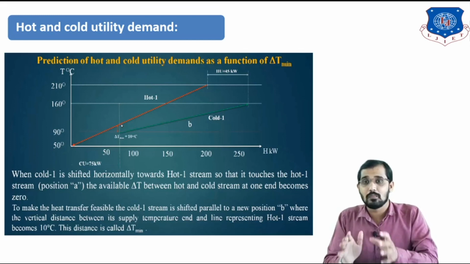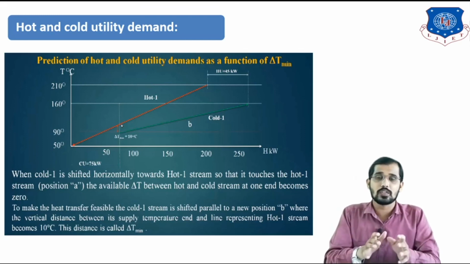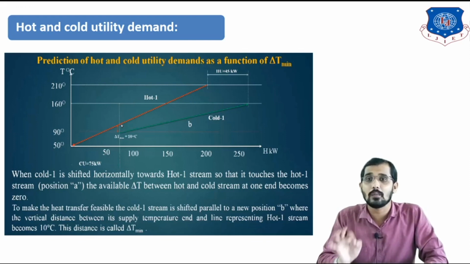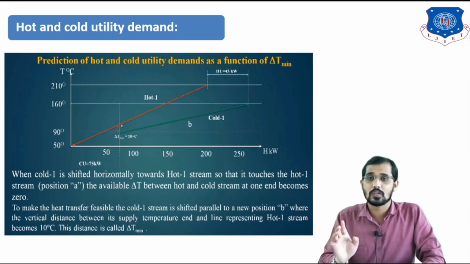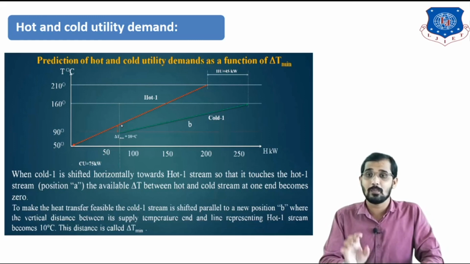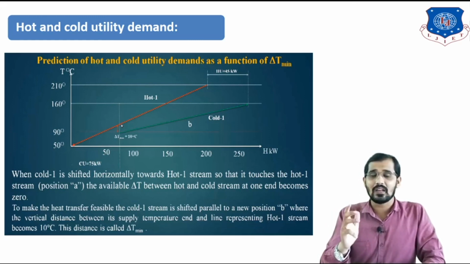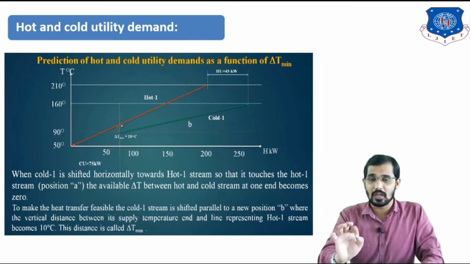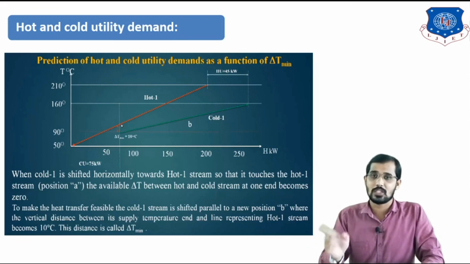If both streams, the cold composite curve and the hot composite curve, are available in a single figure, that figure is known as the grand composite curve. This figure can also be asked for 5 marks in your exam, only this figure. The question may be like this: explain the grand composite curve. So you have to explain this figure which we have seen in the earlier class as well.